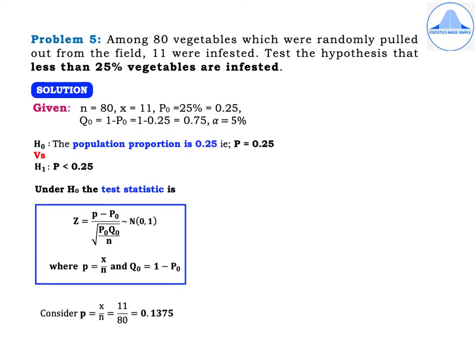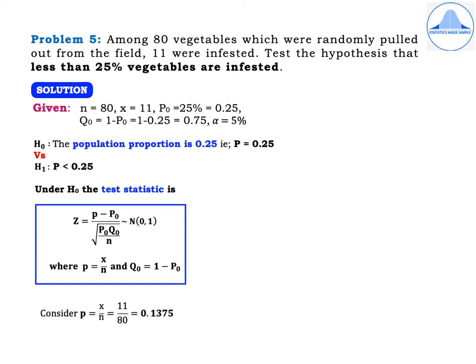Problem 5. Among 80 vegetables which were randomly pulled out from the field, 11 were infested. Test the hypothesis that less than 25% vegetables are infested. Start with the solution. Write given n is equal to 80. Because of the words randomly pulled out, it means there are 80 vegetables in the sample.